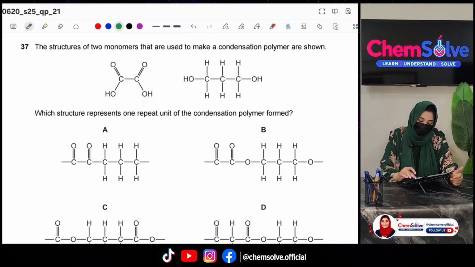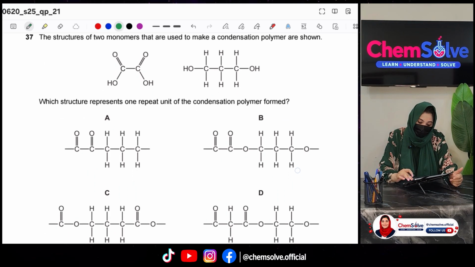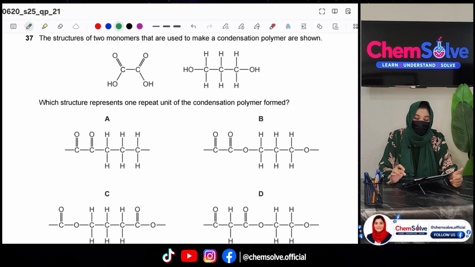Okay, so next is question number 37. The structures of the two monomers that are used to make the condensation polymers are shown.